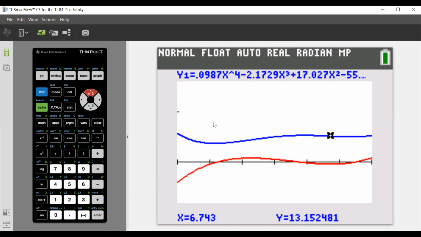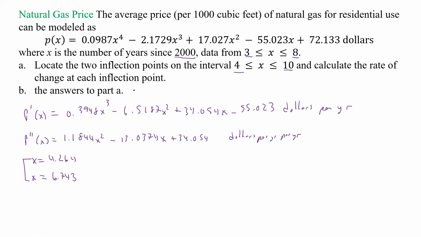So let's go back here now that we've got all of our data. P of 4.264 and P of 6.743 equal 11.264 and 13.152, and these were dollars. Okay, and that was our inflection point.